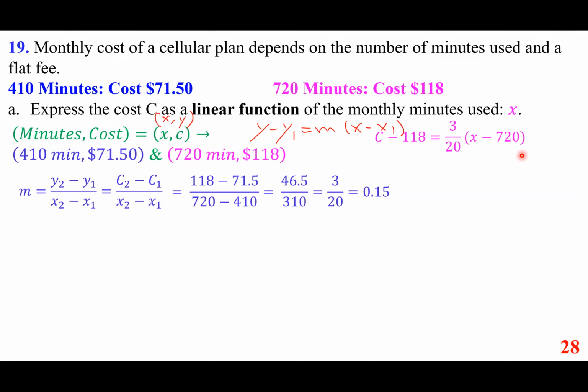So y minus y1 equals m times x minus x sub 1. That's what we are using, and we are changing the y to C. So we distribute the 3 over 20.